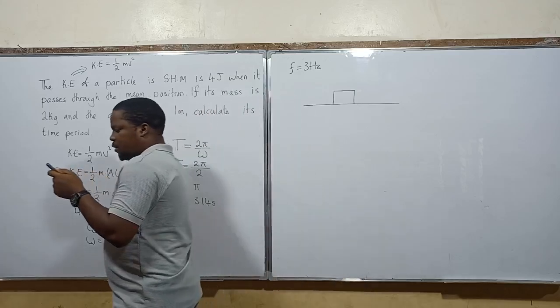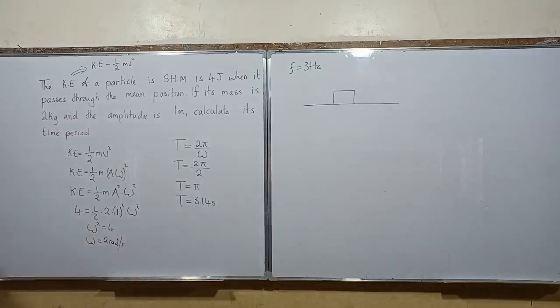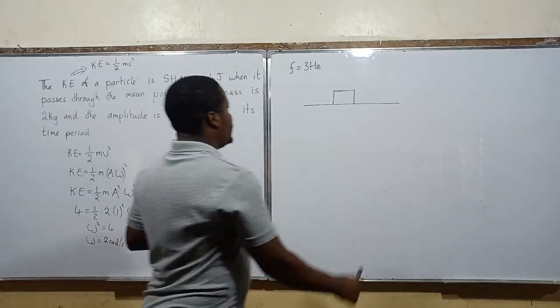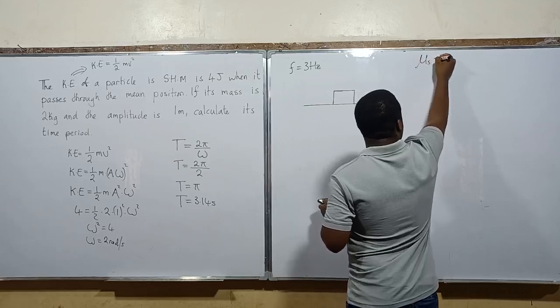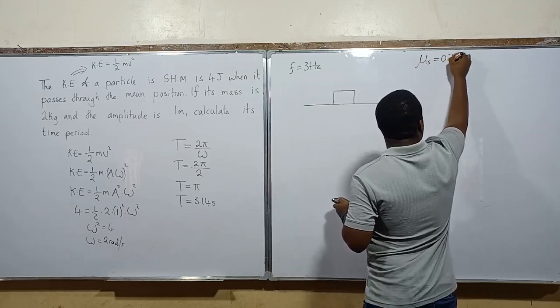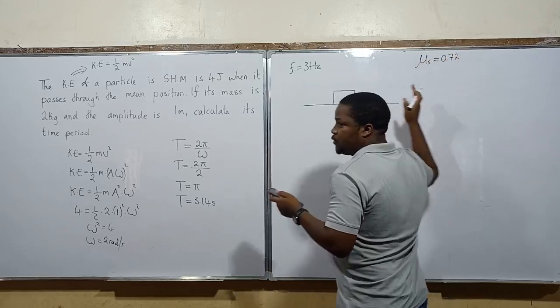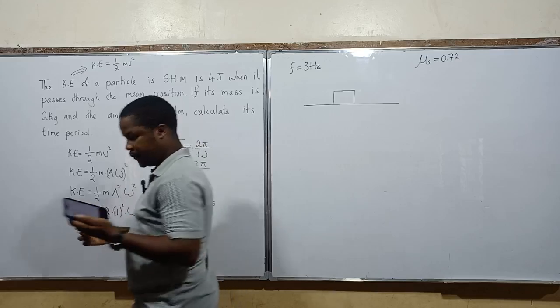The table is undergoing simple harmonic motion with a frequency of 3 Hz in the horizontal plane. The coefficient of static friction between the block and the surface is 0.2. Remember, this is mu, so mu sub s is 0.2. It has no units because it's a coefficient of static friction.